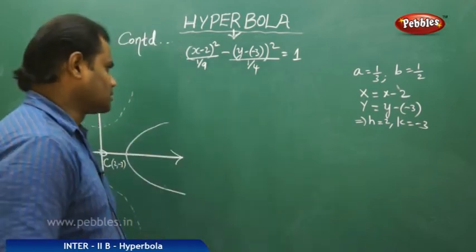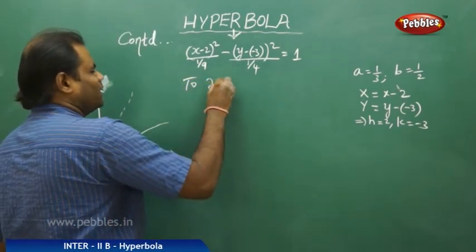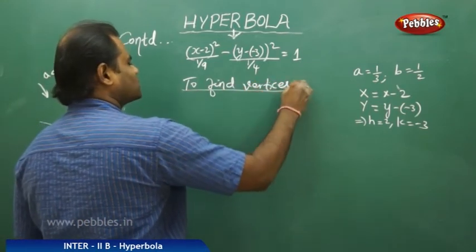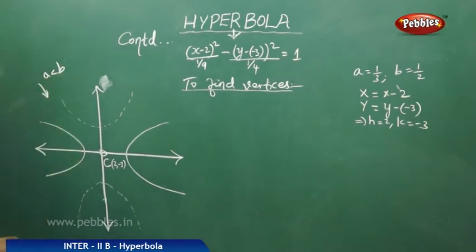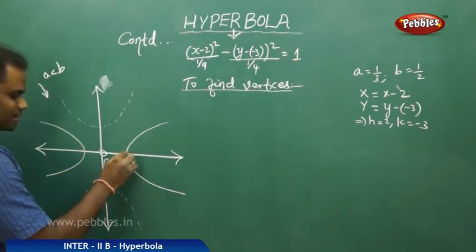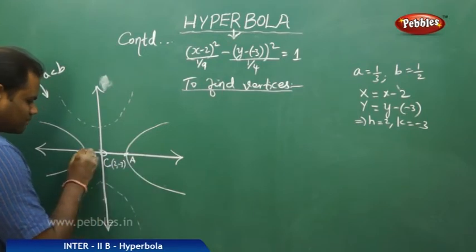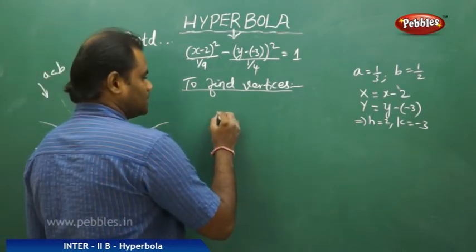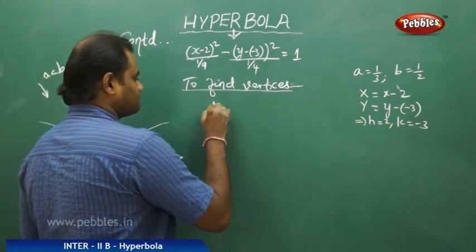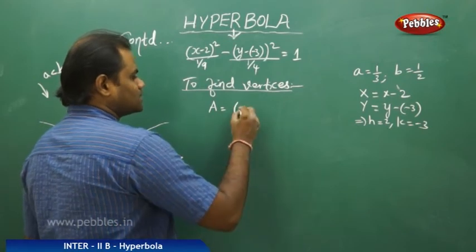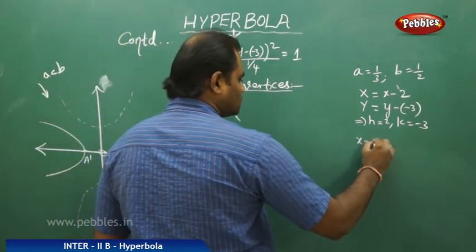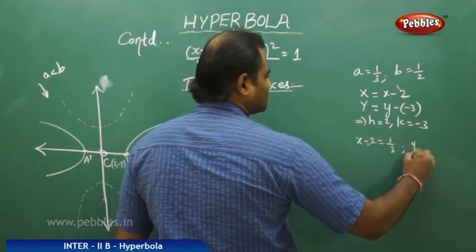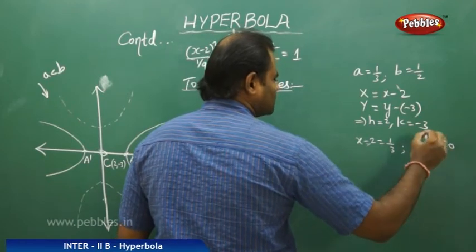Next, to find the vertices. For this conjugate hyperbola with the condition a less than b, I have my vertices clearly here as A and A dash. In this case, A is given by x minus 2 equals a, that is 1 by 3, and y minus 3 equals 0.